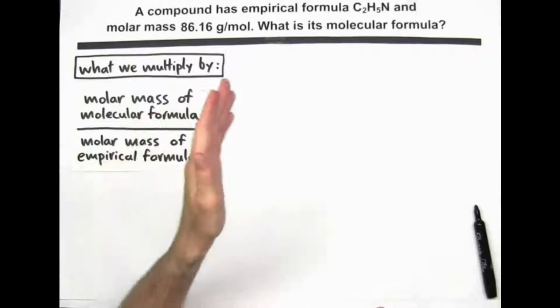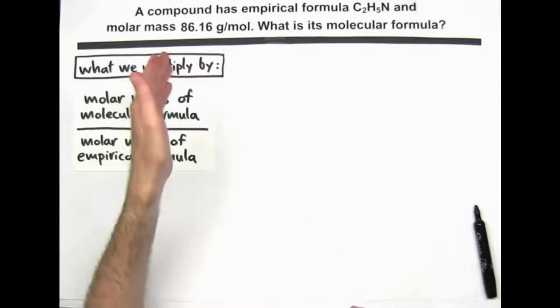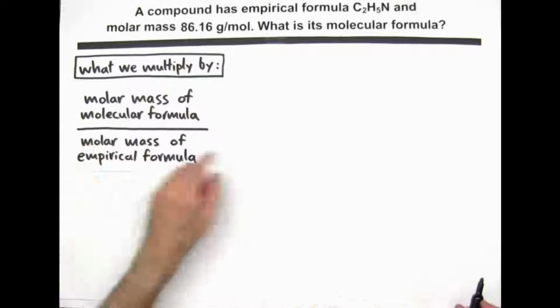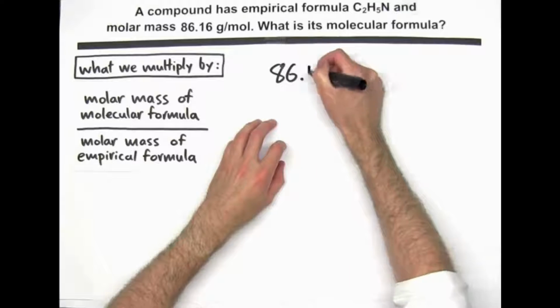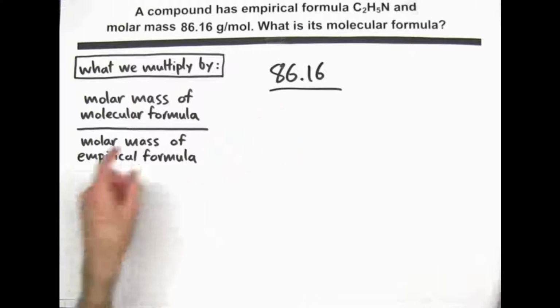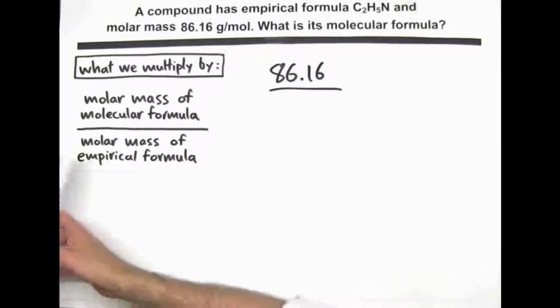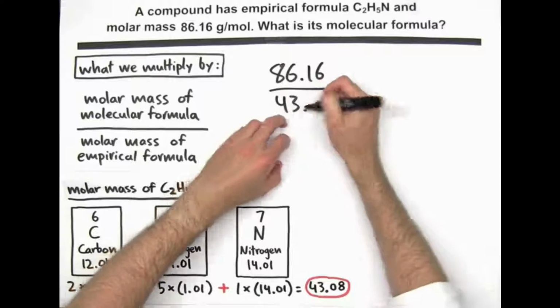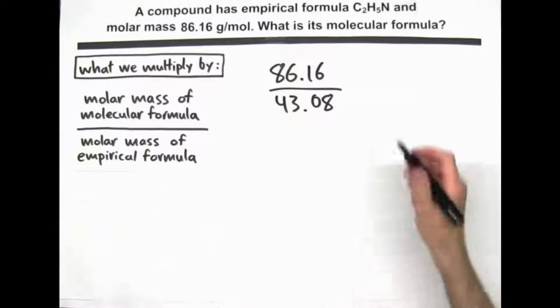A compound has empirical formula C2H5N and molar mass 86.16 grams per mole. What is its molecular formula? Okay, we'll take the molar mass of the molecular formula, 86.16, and we'll divide it by the molar mass of the empirical formula, C2H5N. Here I have the calculations. 43.08 is the molar mass of the empirical formula.